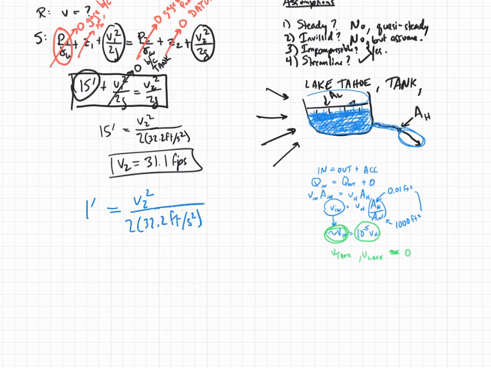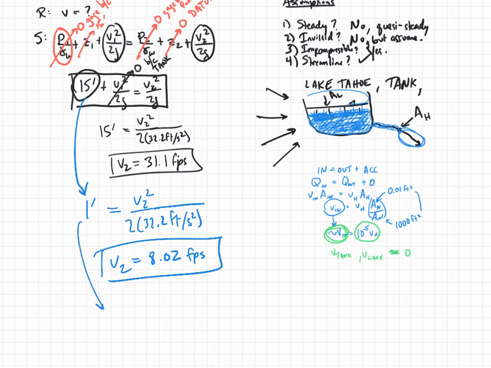It should be clear already that the velocity is going to be much less, 8.02 feet per second. So as this drops, the velocity keeps getting less and less. If that were 0, obviously V2 would be 0. That's a nice result.